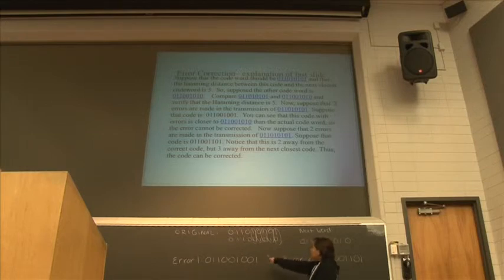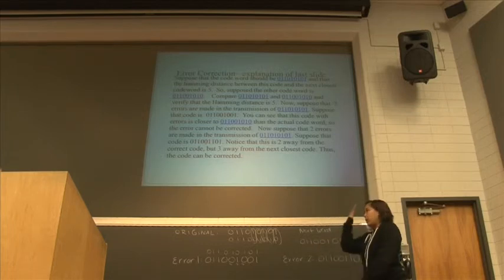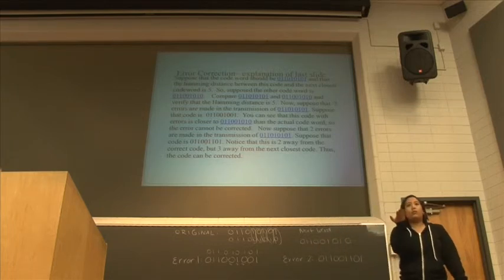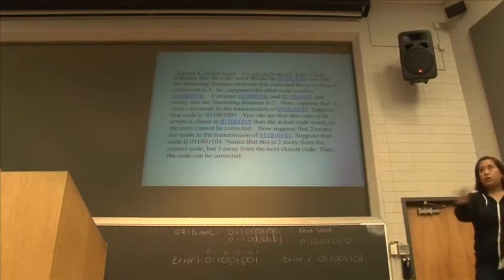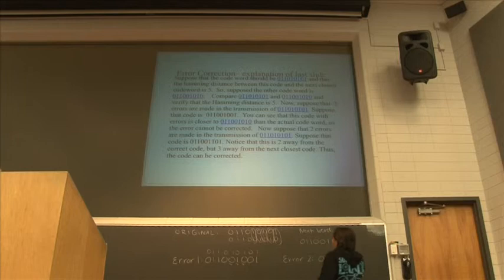So let's compare this word to the original. I'm going to write the original on top: 0, 1, 1, 0. Well, this now has a Hamming distance of 1, 2, 3. Think about it: if you have 3 errors, that means everything up to that is wrong.